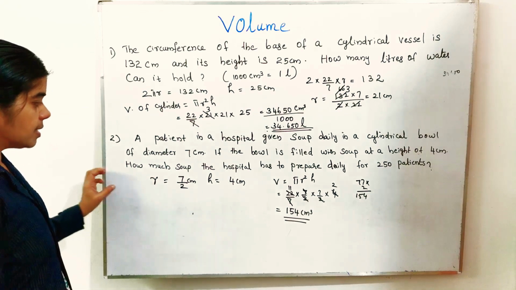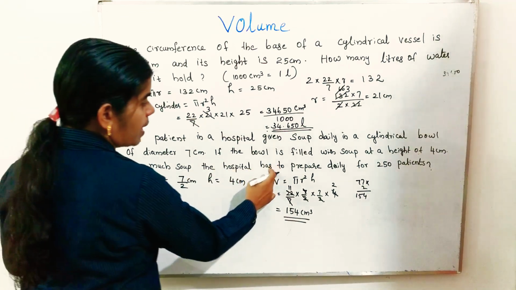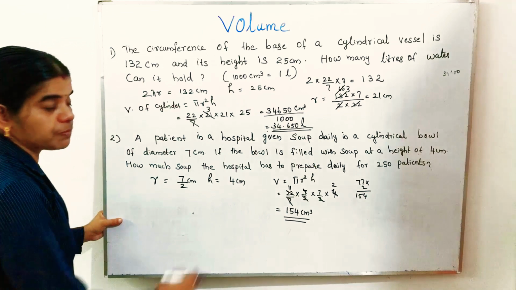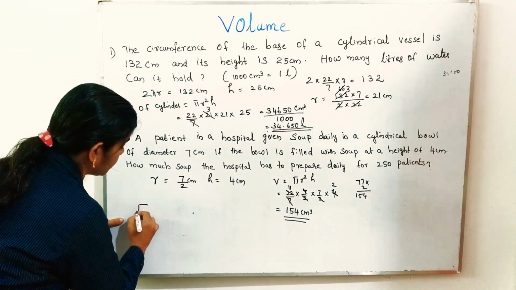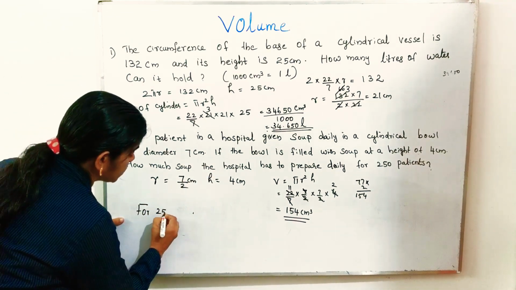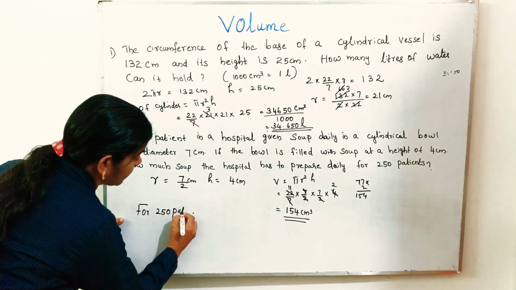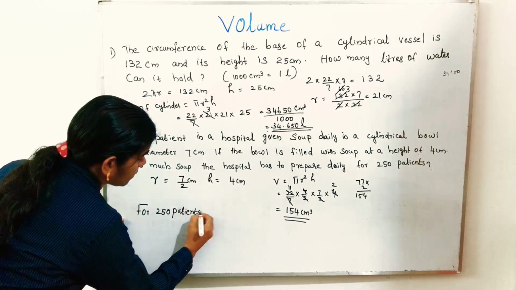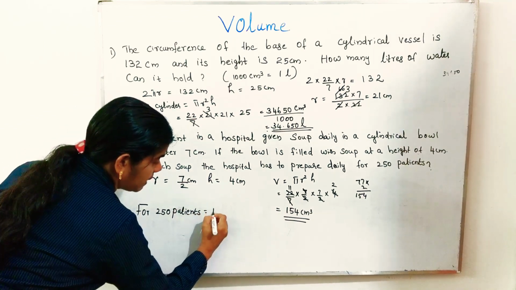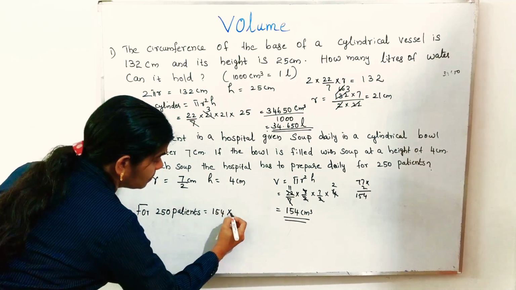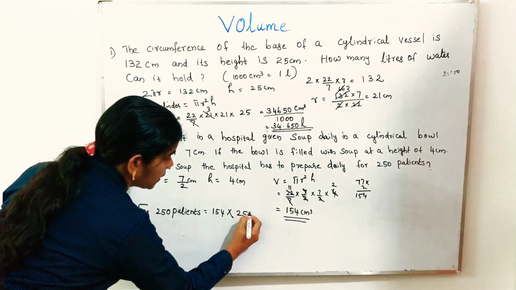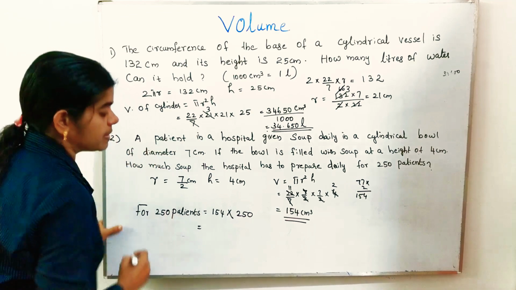Then the quantity of soup prepared for 250 patients. For 250 patients, how much soup do we want to prepare? For one patient we want to prepare 154 centimeter cube. Then 154 into 250. That much.